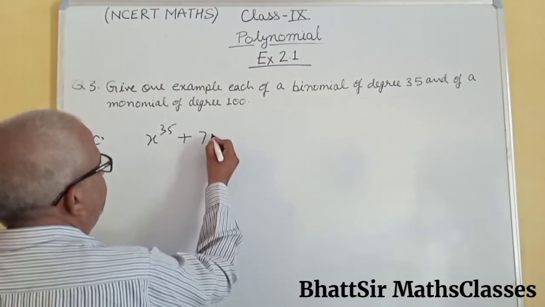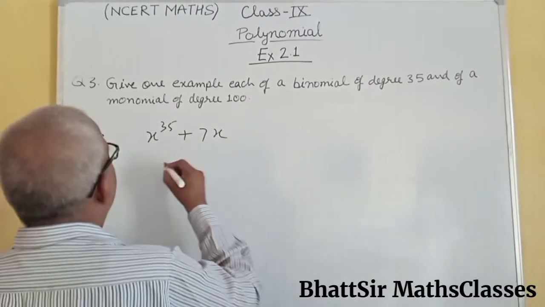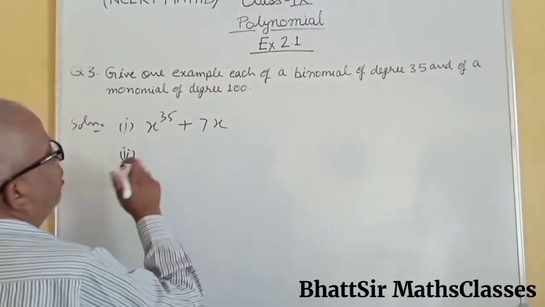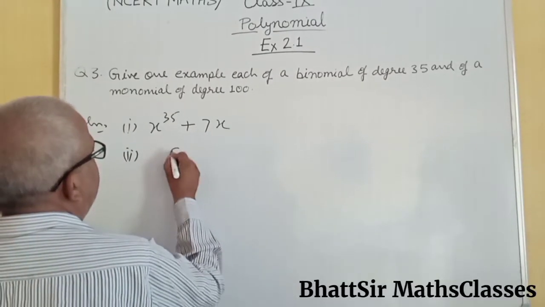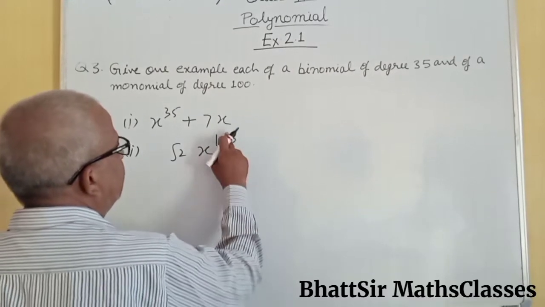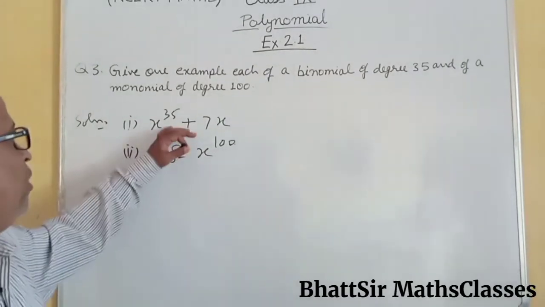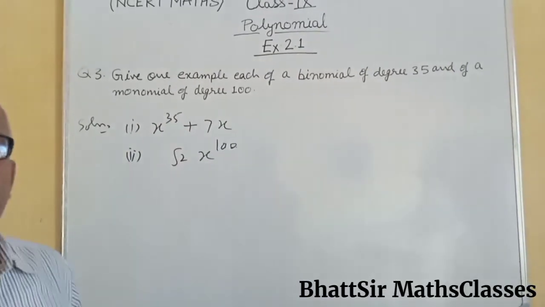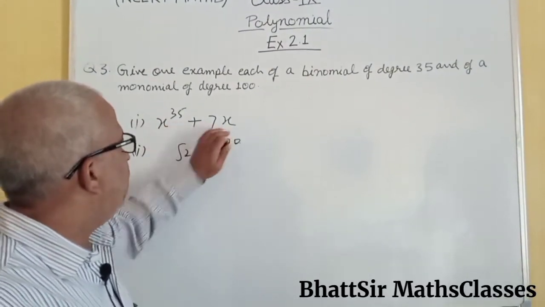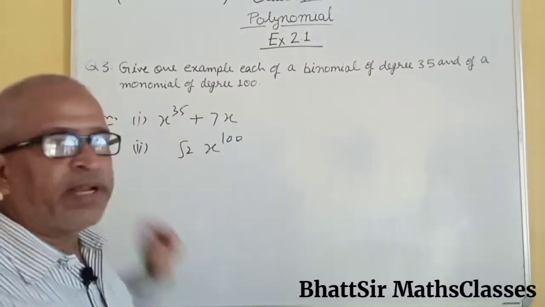It is a polynomial. And a second example, of a monomial of degree 100. It means root 2 x to the power 100. It is a monomial. So these are examples of a binomial and a monomial. A binomial is a polynomial containing only two terms, and a monomial has only one term.